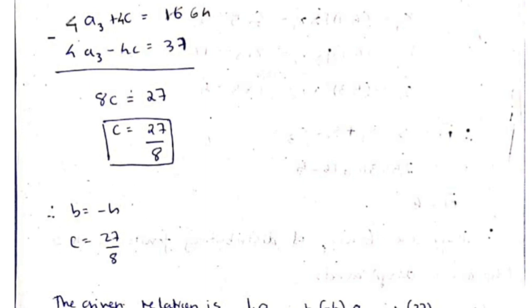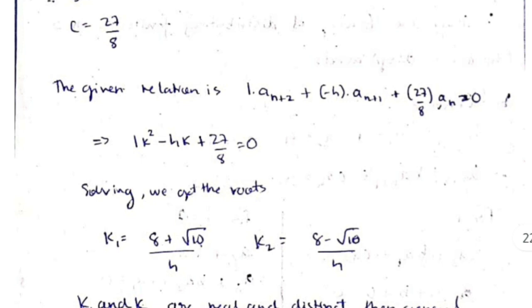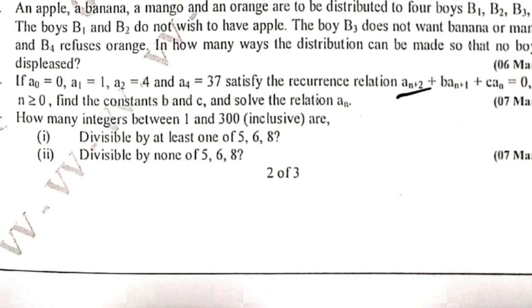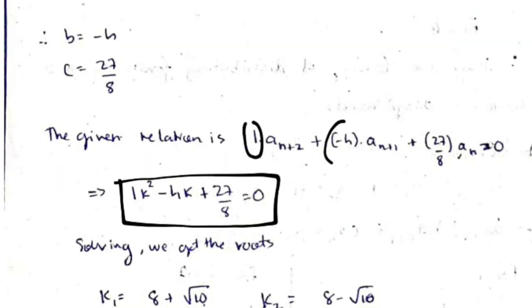Now we will be applying these constants in the given equation. Okay, it's 1 a(n+2) plus b a(n+1) plus c a(n). This is what the question was given to us. See here, a(n+2) plus b a(n+1) plus c a(n) is equal to 0. See, the constants will be here only, a(n+2), a(n+1), a(n).